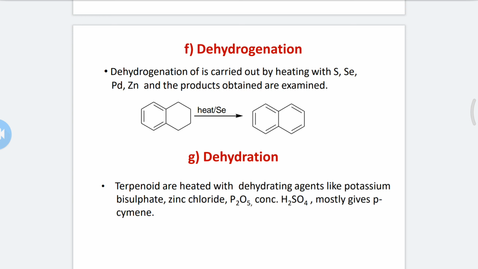Another method is dehydration, meaning removal of water.